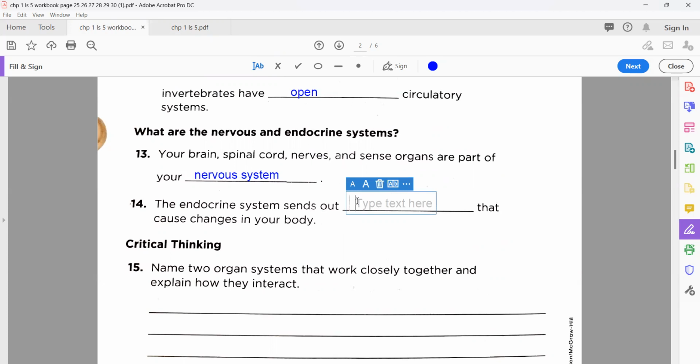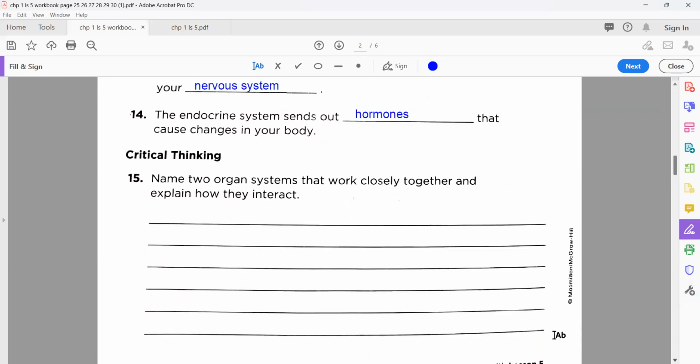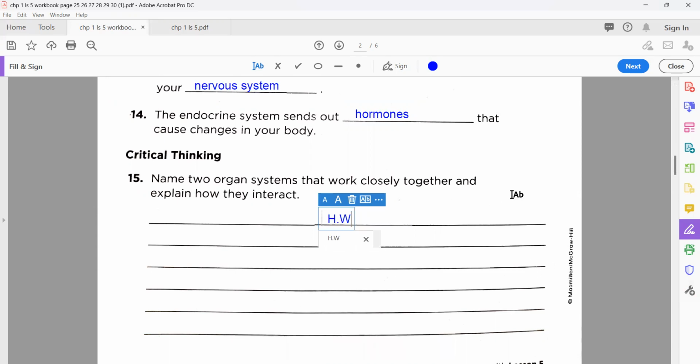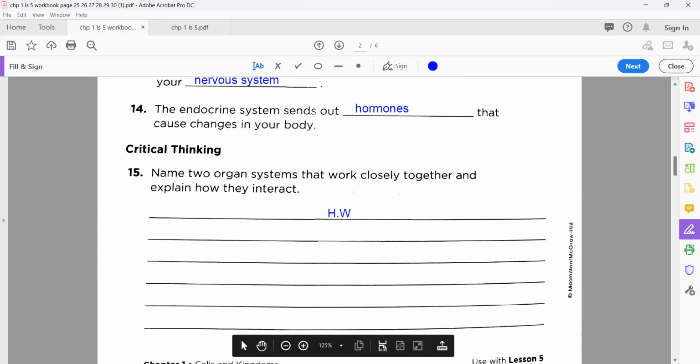They release special types of chemicals, which work as a stimulus, and after that the response happens. So we call them hormones. Yes, well done. This critical thinking, as you know very well, is for you as homework. So that is your assignment.